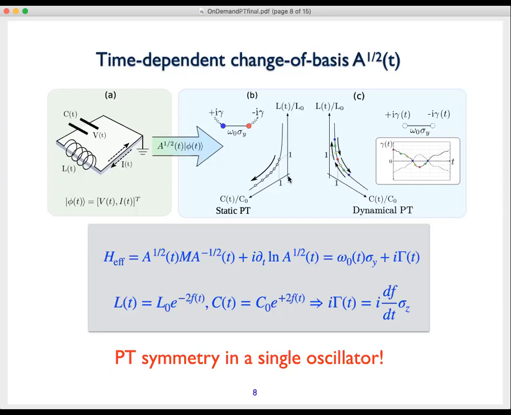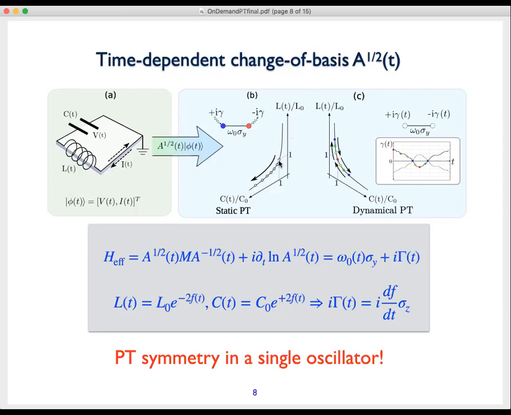If I look at this picture, I'll have C of t over C naught and L of t over L naught. I'm essentially surfing along this hyperbola given by L times C equals constant. I could start out with 1, 1 values, and as a function of time I could go down this way, go up that way, but I'm only making constrained variations which keep the LC product constant.